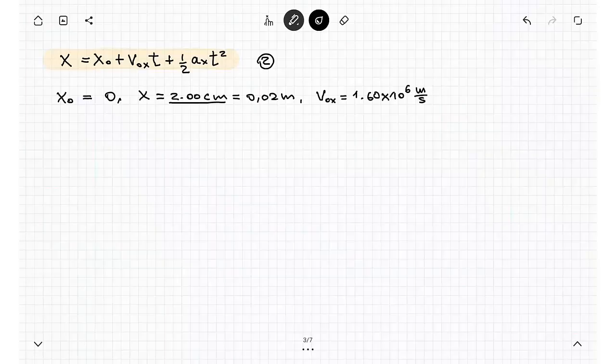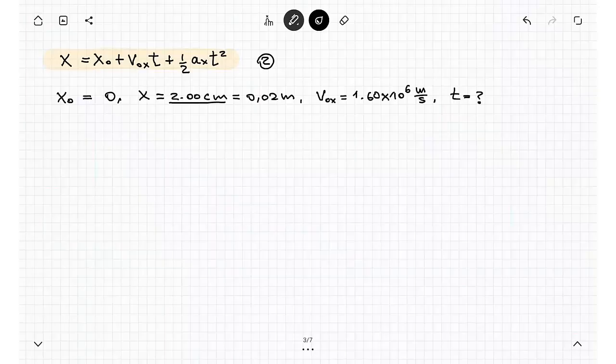We want to find the time that the particle travels along the x-axis. I mean, it's the same time that the particle travels to exit the region between the plates. So we don't know that time. That is the information that we want to calculate. Because the particle is moving along the x-axis with constant speed, that means that the speed is not changing at any time as it travels along the x-axis.